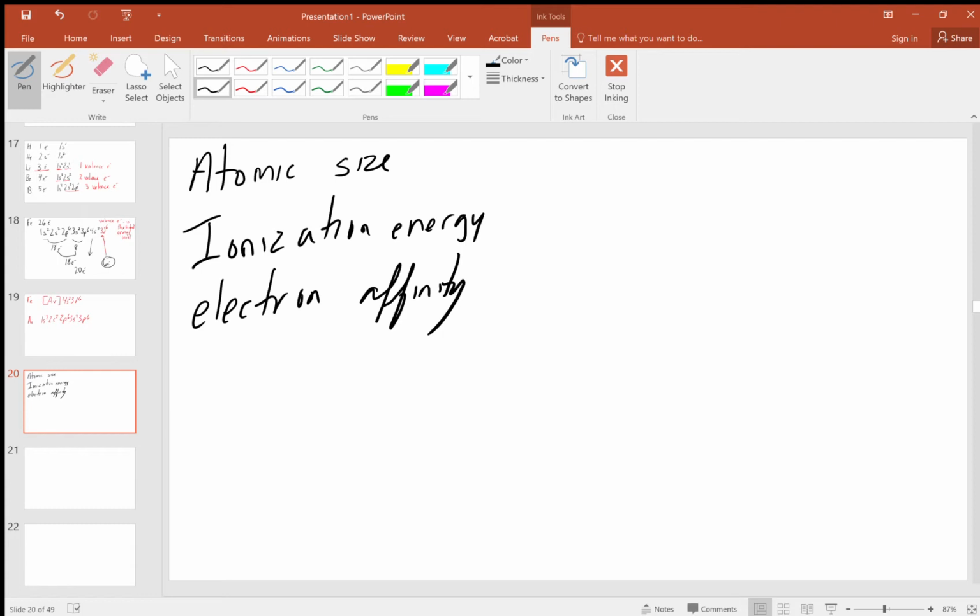So these are all things that have some very easily predictable trends from looking at the way the periodic table is set up.